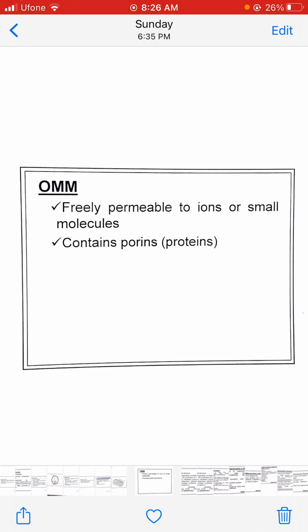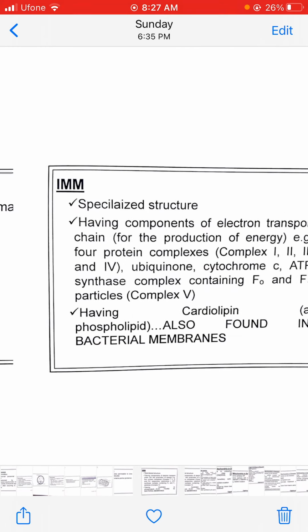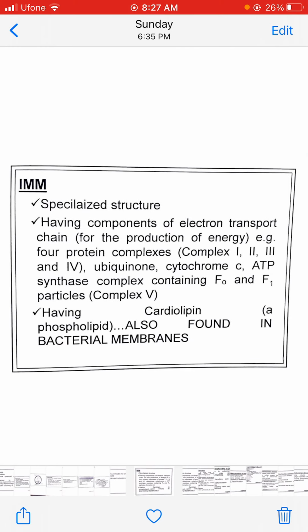OMM is the outer mitochondrial membrane, and it is freely permeable to ions and small molecules. It contains porins, different types of proteins which are responsible for the movement of ions and small molecules.